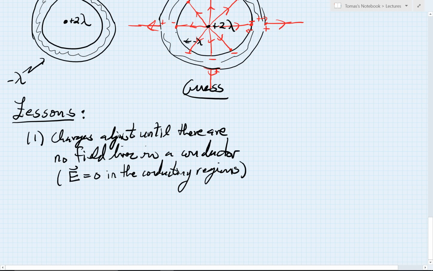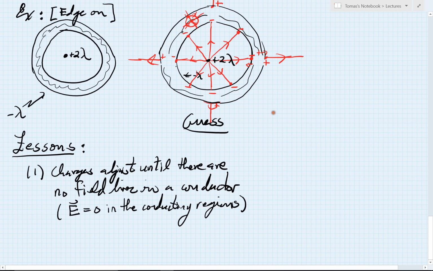That's the first thing that we saw. That was this fact that all the free charges were able to climb up these field lines and terminate them on those surfaces.